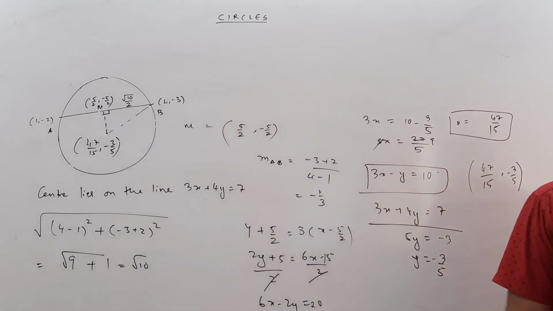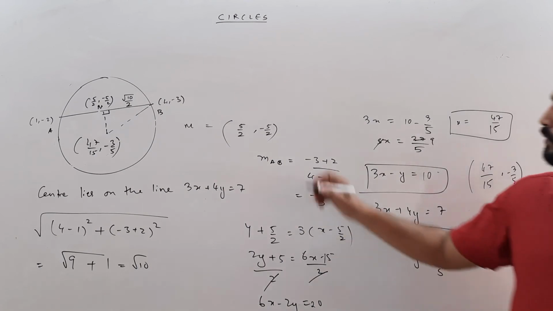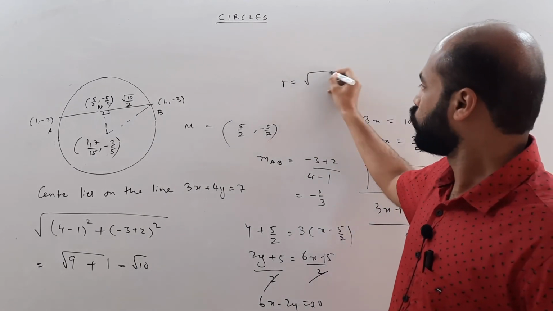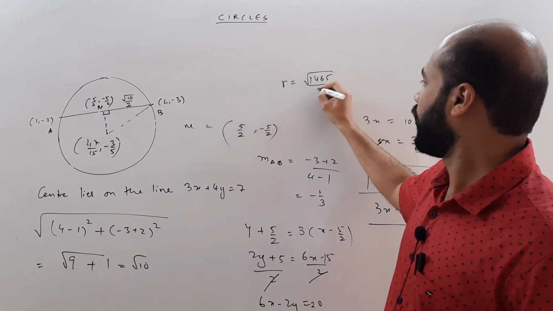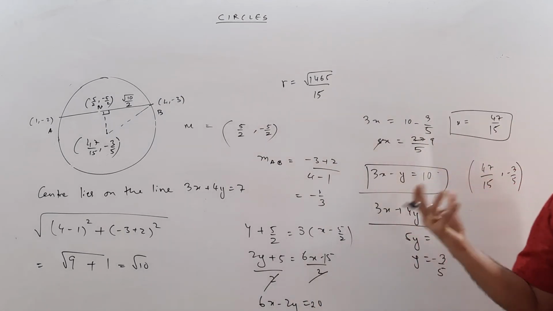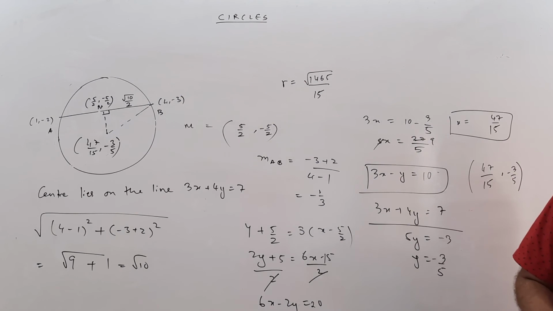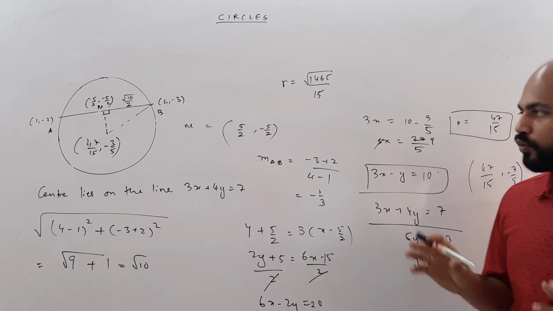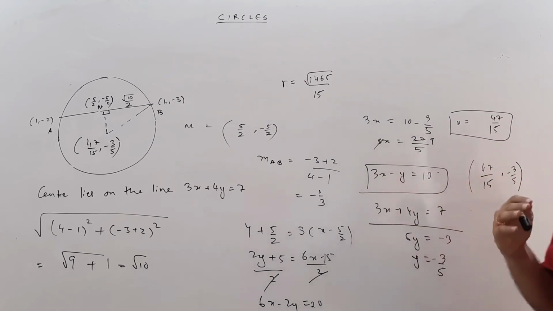And finally, the radius that we get is root over 1465 by 15. The numbers are slightly bad in this particular example, but what we have understood is how to find a center using the concept of slopes.